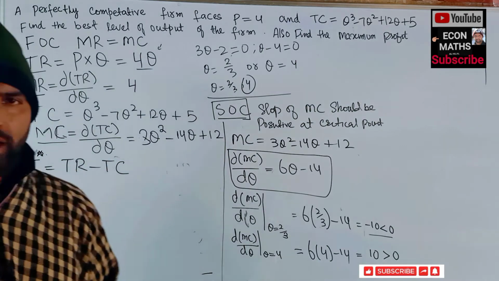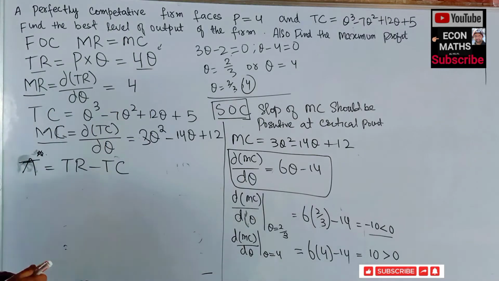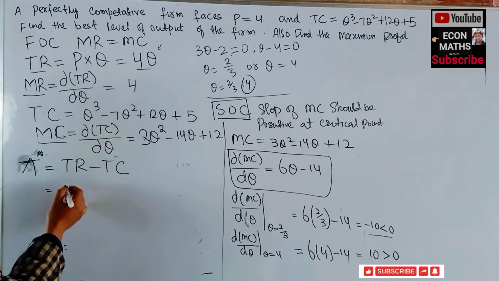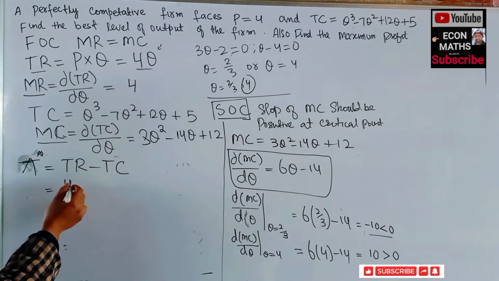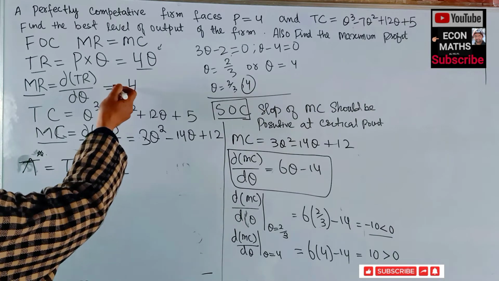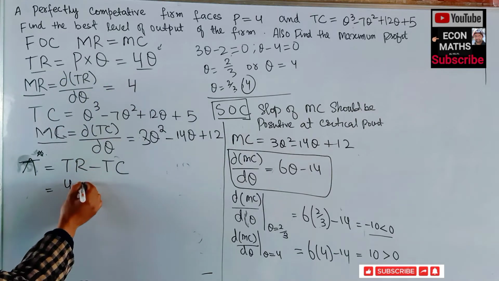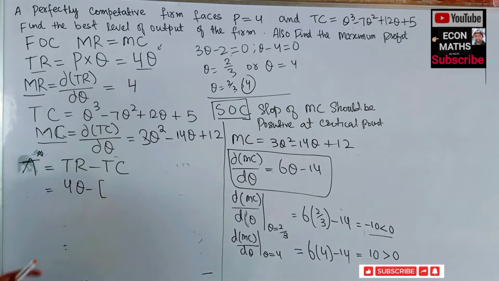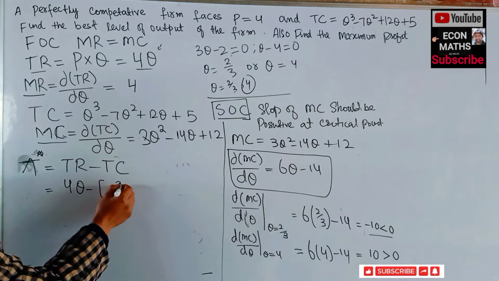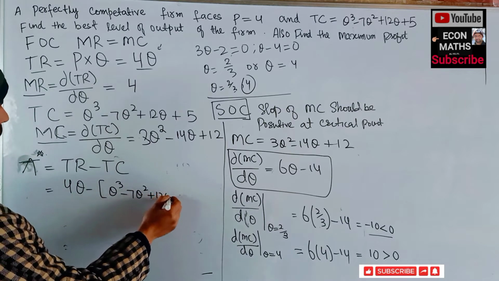Now profit is maximized when q is equal to 4, so we will put the value of q in these two equations. Now the total revenue function is 4q. Total revenue is 4q minus the total cost function, which is q cube minus 7q square plus 12q minus 5.